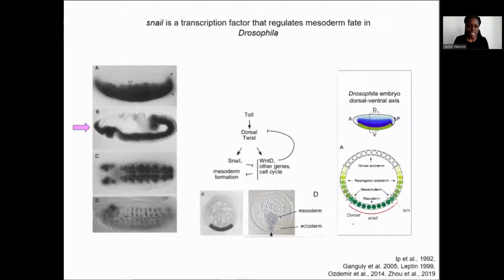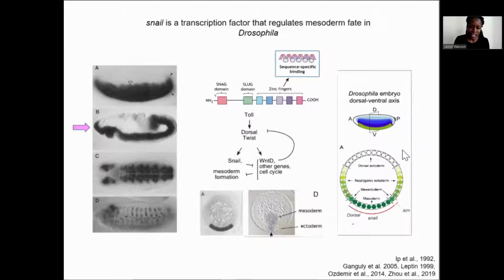The key to the function of SNAIL is actually due to the zinc fingers in its structure that allow sequence-specific binding.